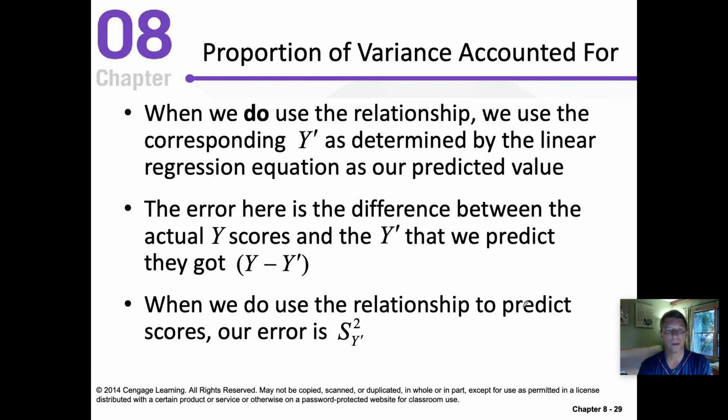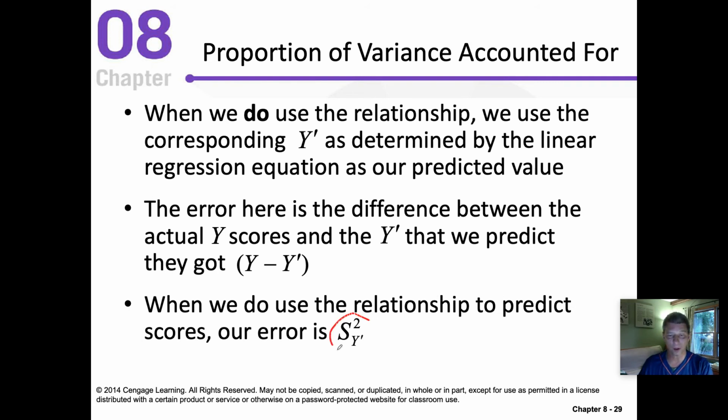Now, on the other hand, when we do use the relationship, we use the corresponding value of y prime as determined by the linear regression equation as our predicted value. Now, the error here is the difference between the actual y scores and the y prime that we predict they get. So it's y minus y prime. And this is a much closer relationship.